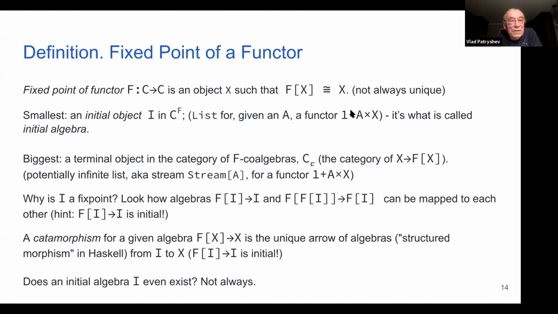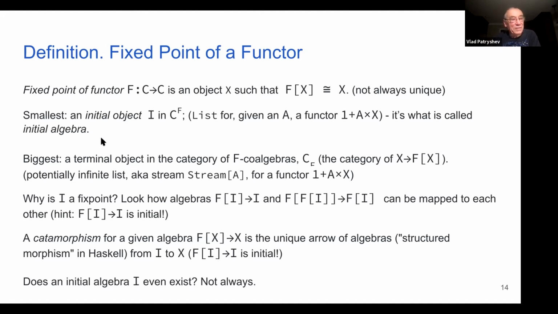Here's an example. Given a type A, list is a functor that is denoted as 1 plus A cross X. And the operations would be a nullary operation and a unary operation that multiplies by A. So this is an initial algebra because it's an initial object in the category of algebras.